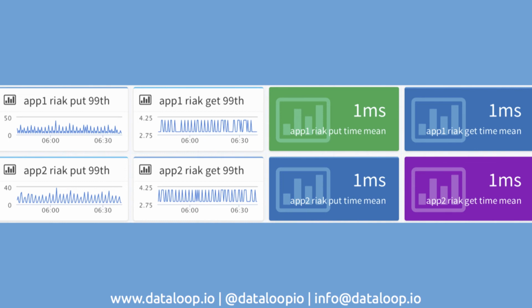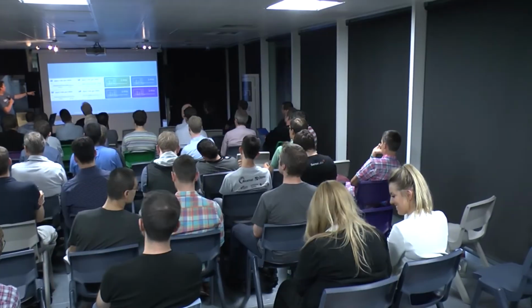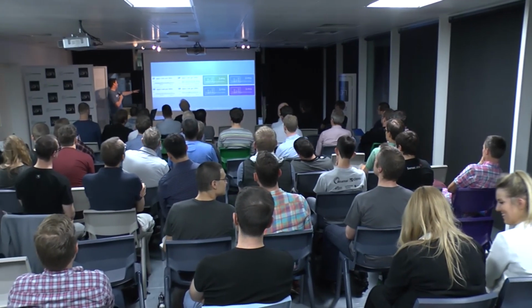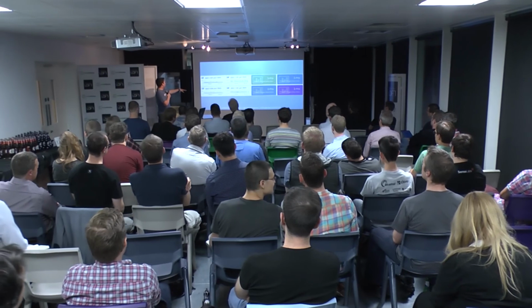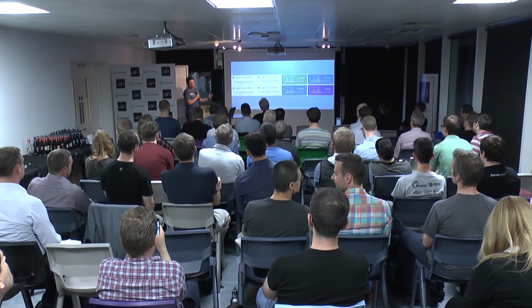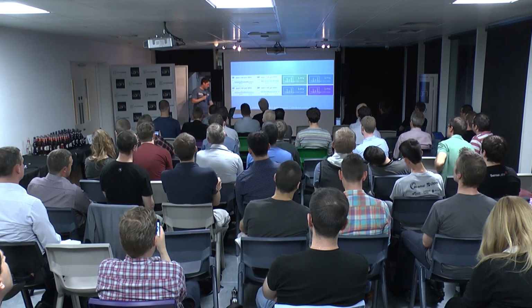I don't know if you can see it, it's a bit small, but these are some of the averages we've got for puts and gets into Riak. Our 99th percentiles are running either below or in the teens of milliseconds, and our means are 1 millisecond. It's just crazily quick.